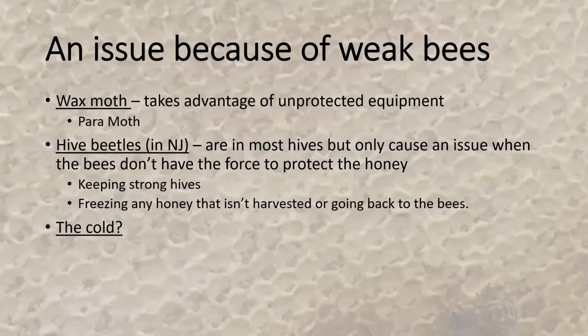If I were to pull into my apiary that I haven't looked at since August last year, it would look as if wax moth has killed all of those hives. But it was Varroa mites that killed the hives, and the wax moth took advantage of the unprotected equipment. The bees were protecting that equipment. The bees were protecting the beeswax.